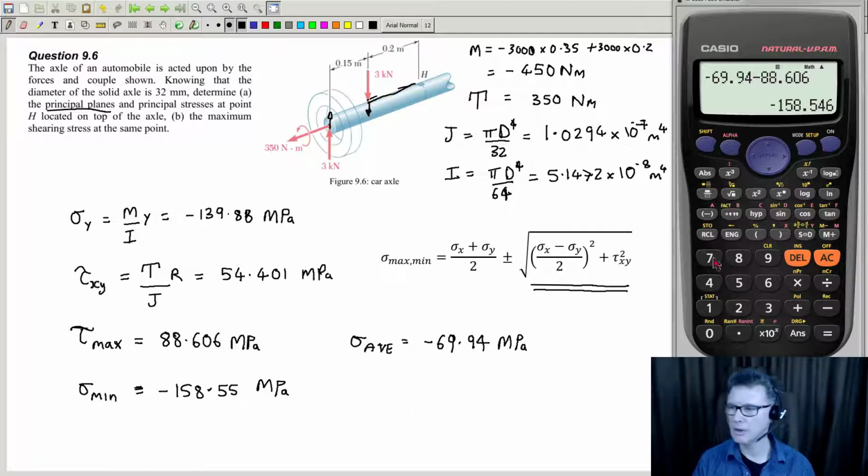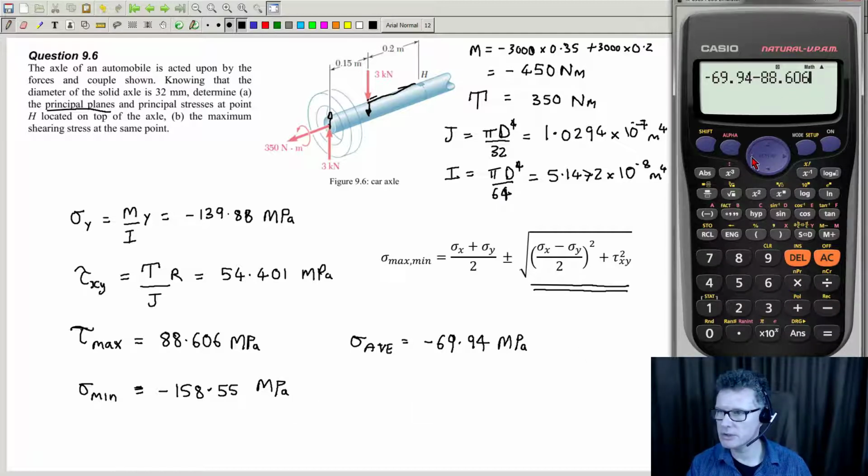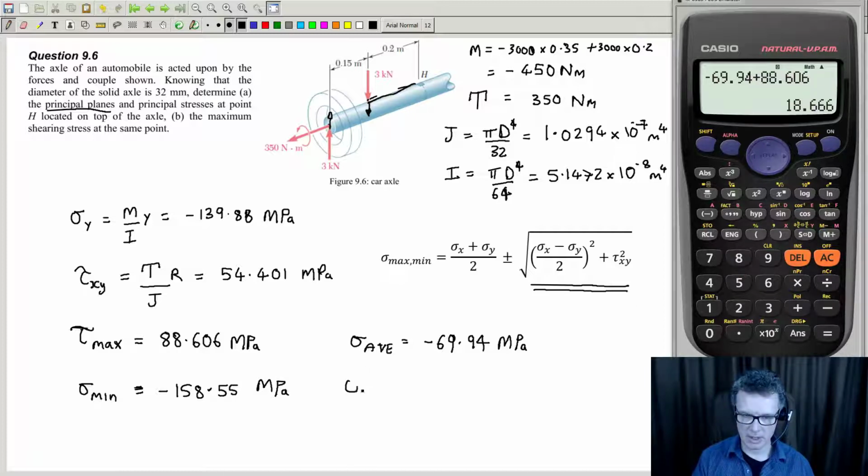And then I'm going to reuse this, change my minus to a plus, and then get a maximum positive stress of 18.666 megapascals.